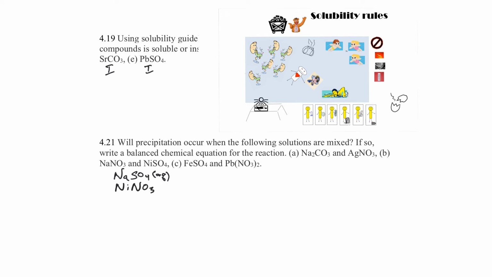Nickel nitrate: all nitrates are soluble. So your answer for B, the question was, will a precipitation occur? B is no, it will not occur, because in the end both will be soluble. And if they're both soluble, you don't have a product.